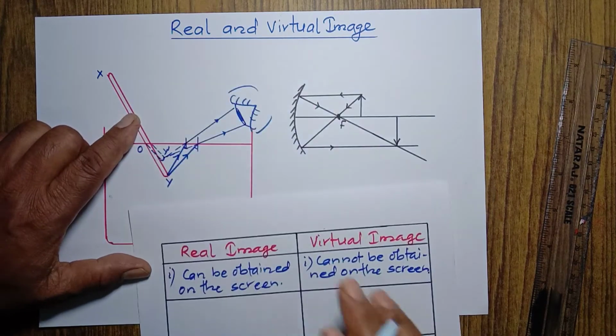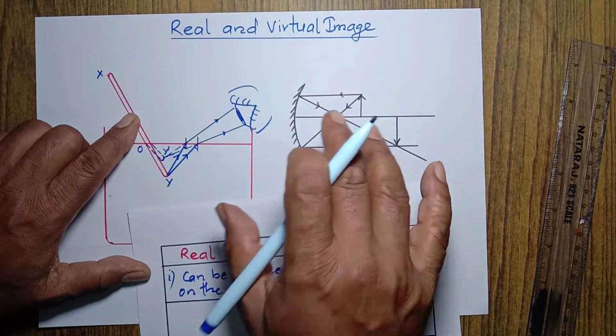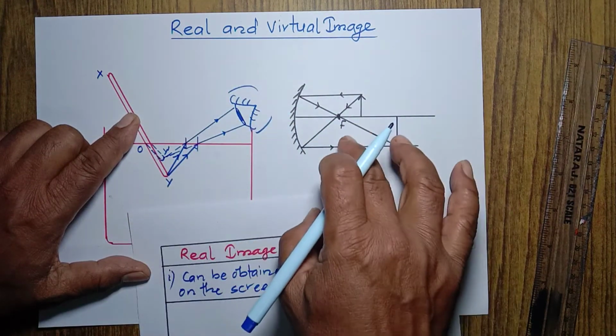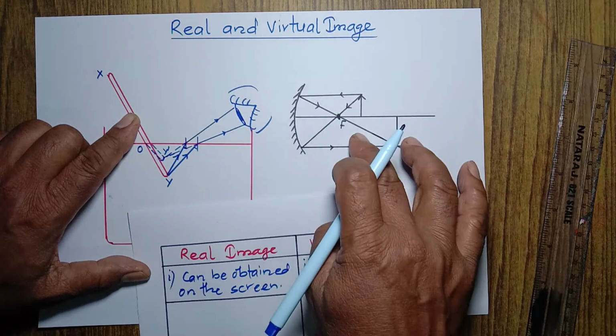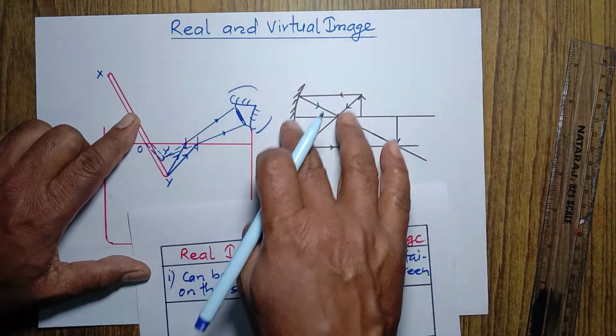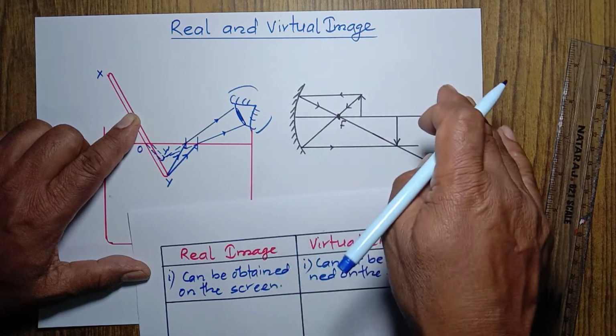And what I told you with the help of this diagram, it forms by the real intersection of the reflected rays, or maybe in this case reflection, maybe in refraction also.